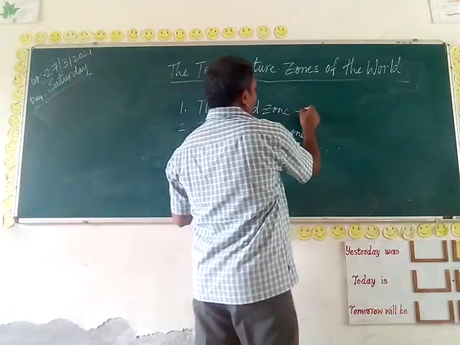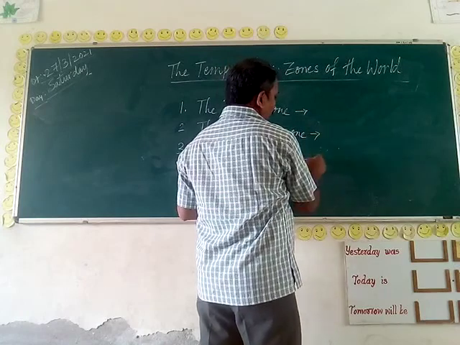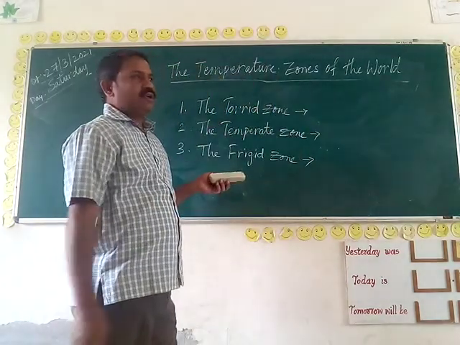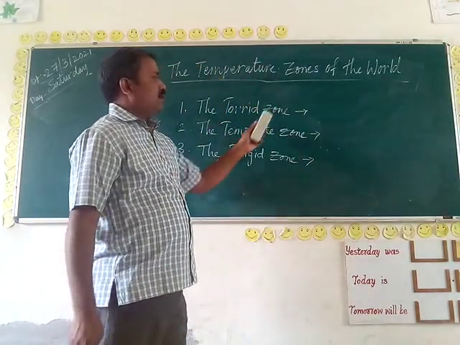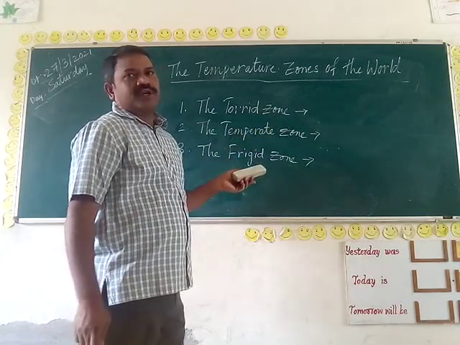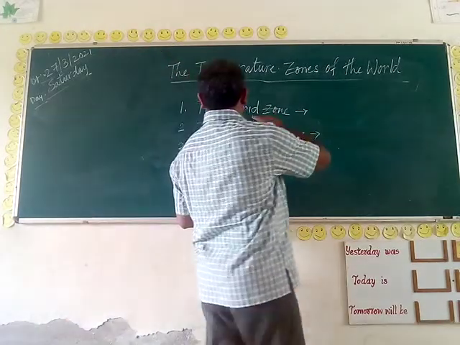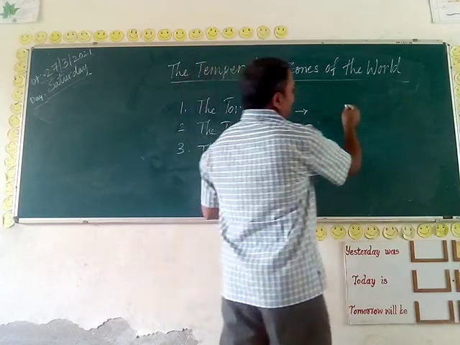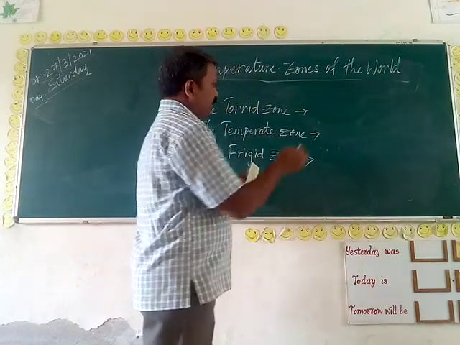The important latitudes help us in explaining these temperature zones. First one, the torrid zone.